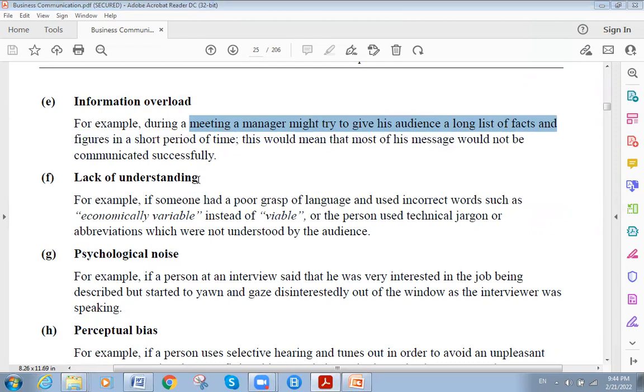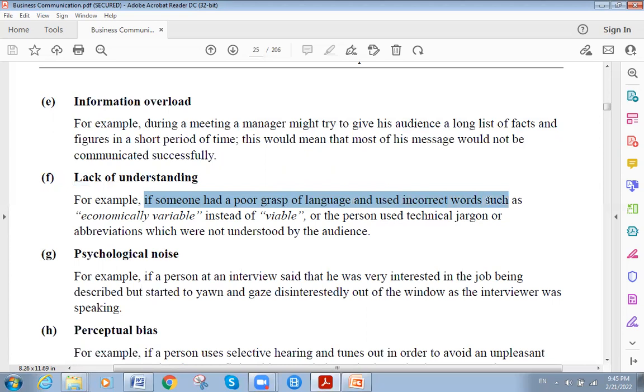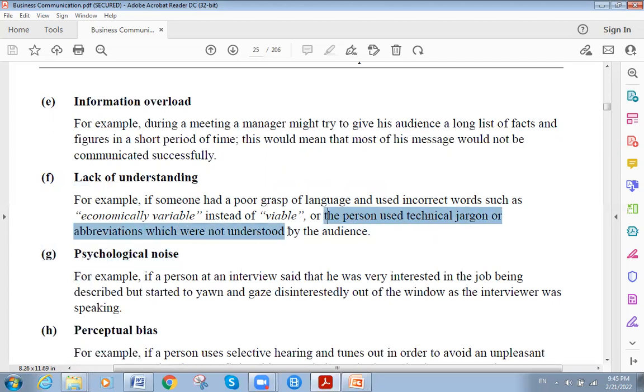Lack of understanding also. For example, someone with a poor grasp of language might use incorrect words, such as "economically variable" instead of "viable." Or the person uses technical jargon or abbreviations which were not understood by the audience.